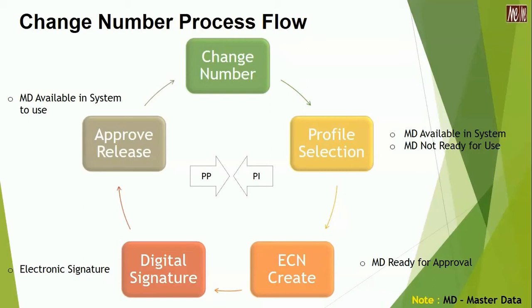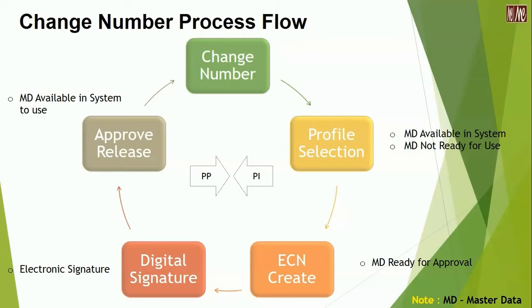Once the profile is created, that does not mean the change number is ready for use for the specified object. The system understands that the particular master data is available, but it is not ready for use. Once the system confirms the change number through the number range concept, the system understands this master data is ready for approval.